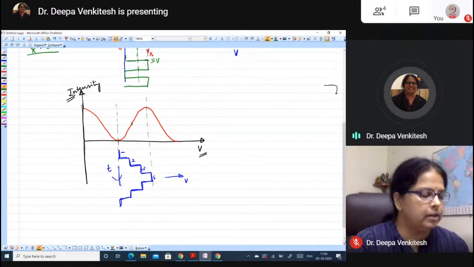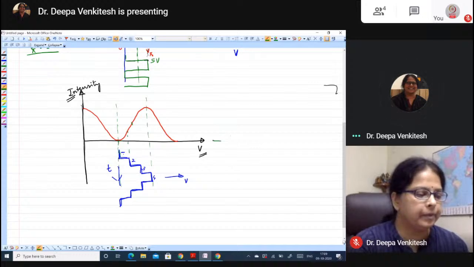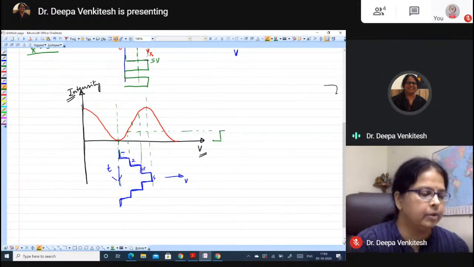Corresponding to this level that I've marked as 1, you will get 0 output. Corresponding to this 2, corresponding to this voltage change, I will get this. Corresponding to 3, it's remaining at 2, this is 3, and corresponding here I have this, and this goes on, right?